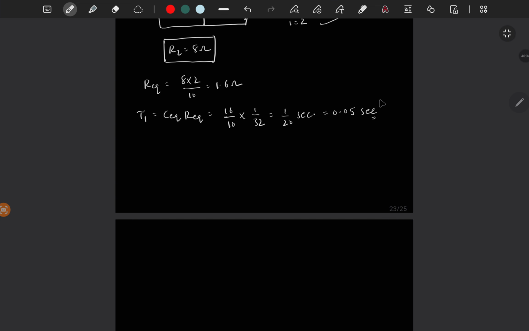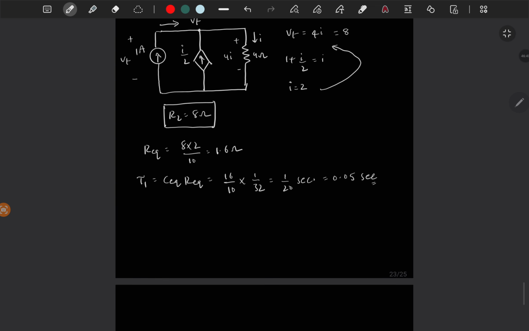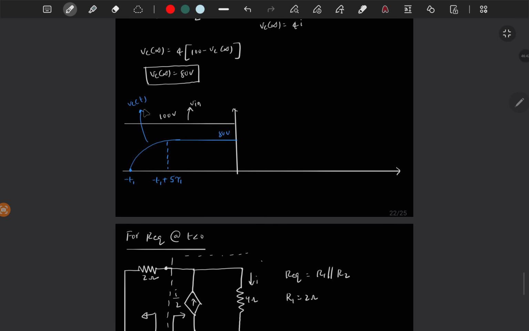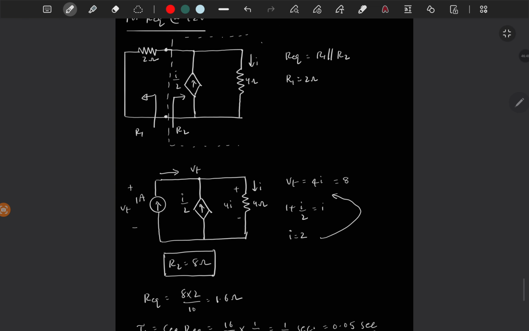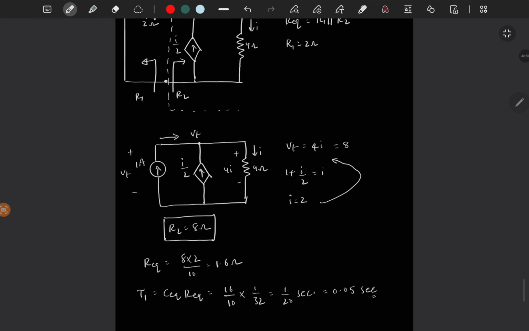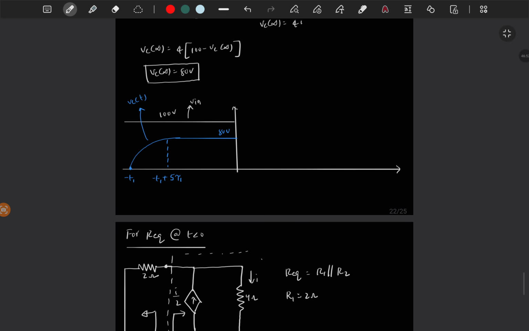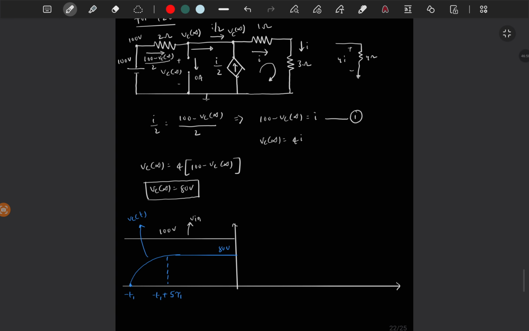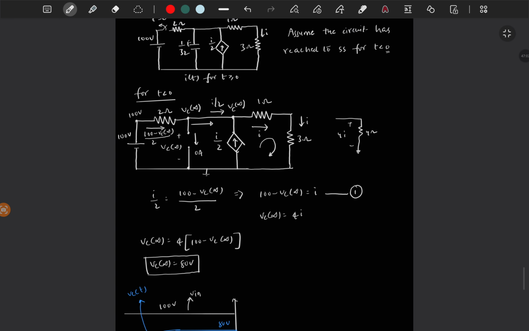So if you wait for 50 milliseconds or 0.05 seconds, then from here to here, then the 5 times of this 50 milliseconds, then you will get the capacitor voltage as 80 volt approximately, and it will stay at 80 volt, and it is open circuited and current flowing through that capacitor is 0. That is fine.